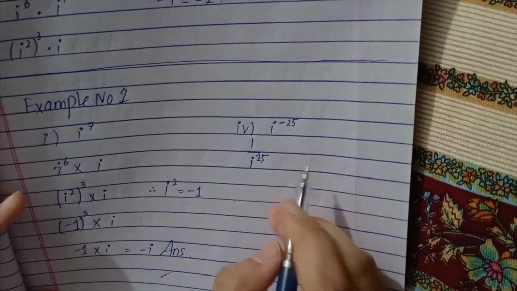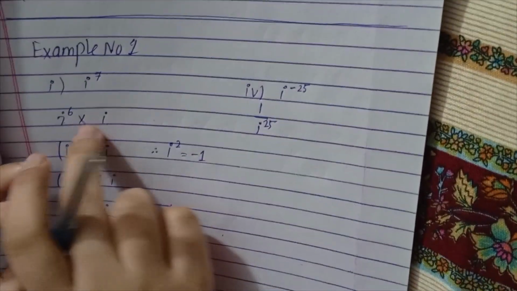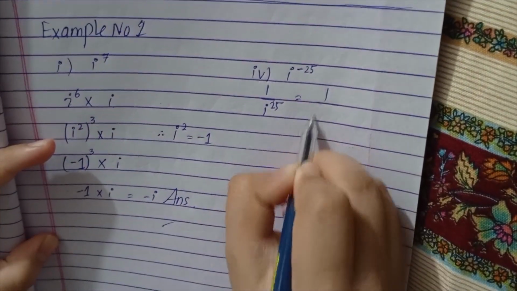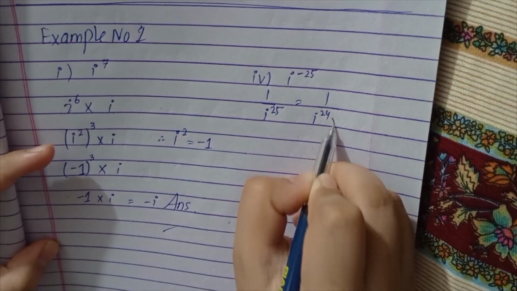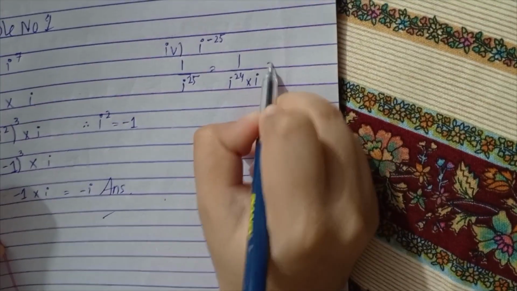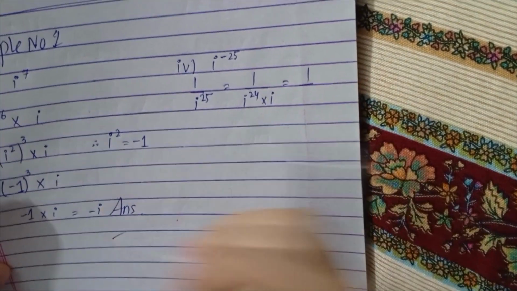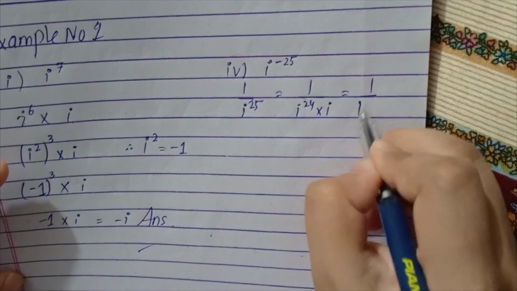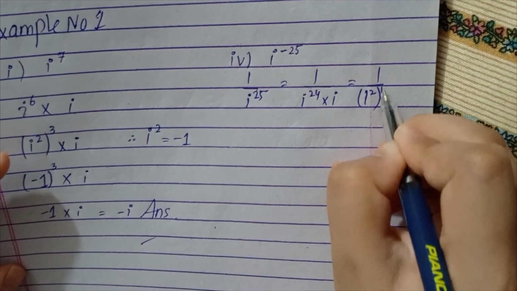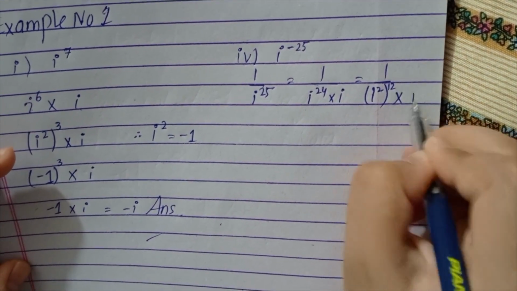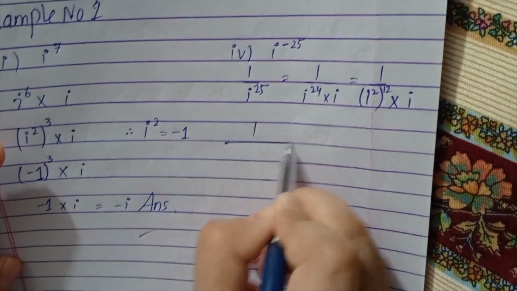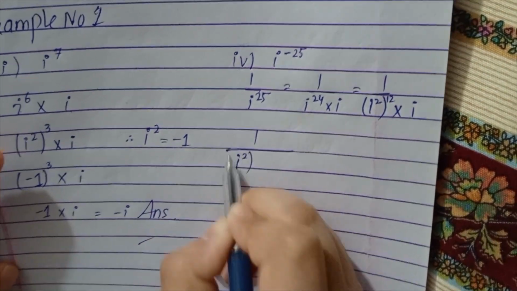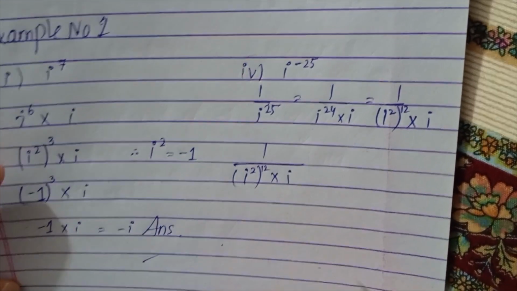Now let's divide it the same way we did before: 1 over iota power 24 cross iota. It is easy because we can factorize 24 as iota square power 12, cross iota. I can write here for you, students, iota square power 12 cross iota.